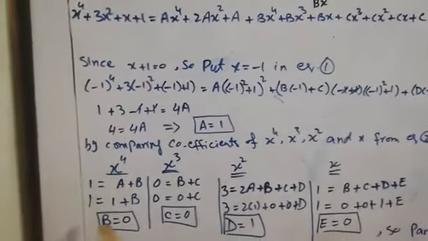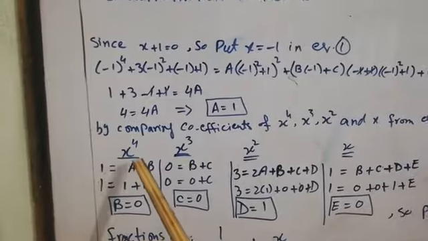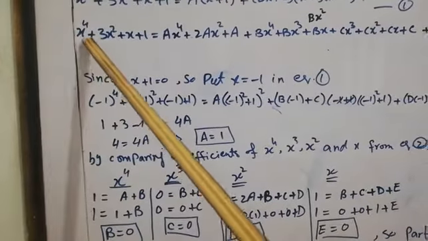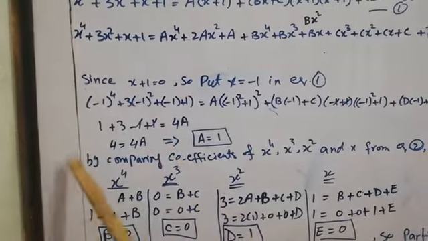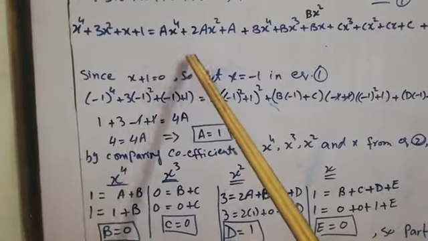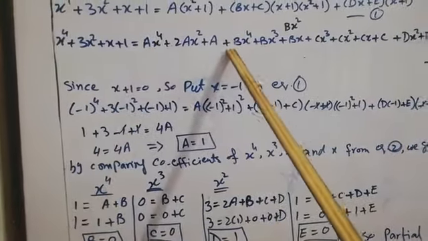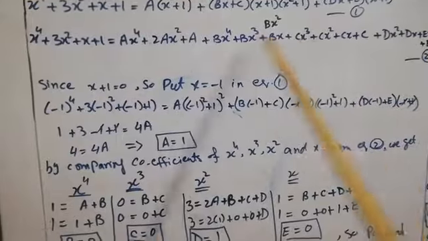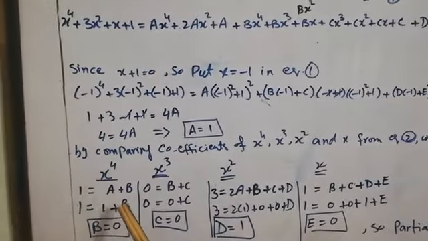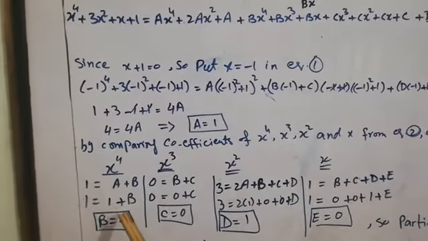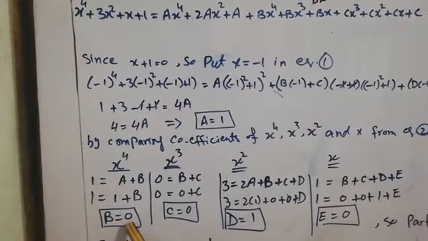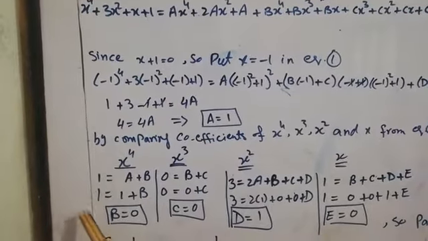Okay, first we will compare x4. Here you can see the coefficient of x4 is 1, so we will put 1, and here the x4 coefficient is A and B, so we will put 1 is equal to A plus B. The value of A is equal to 1, and then we will find the value of B, which is 0, because the 1s will cancel each other.